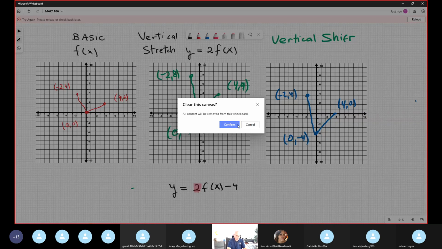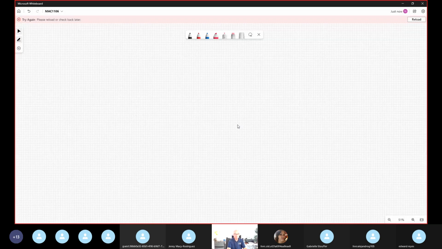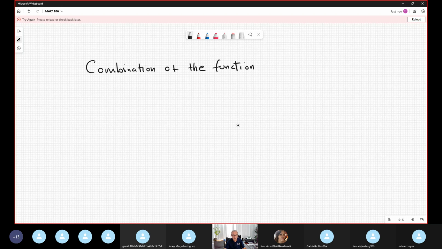We have combination of the functions. So we have 2 functions, 3 functions, and there are different ways to combine. The most popular combination is using arithmetic operations, addition, subtraction, multiplication, and division.